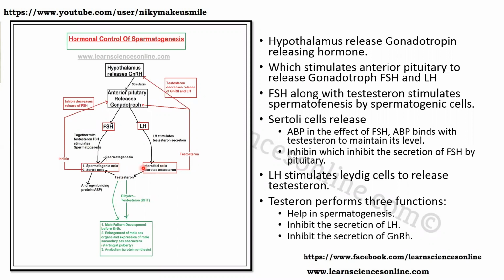These interstitial cells release testosterone under the effect of LH, that is luteinizing hormone. So LH stimulates interstitial cells to secrete testosterone. Testosterone plus FSH together, both of them, induce the spermatogenic cells for the process of spermatogenesis. Is it clear?